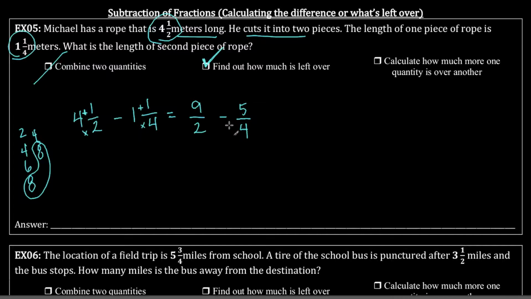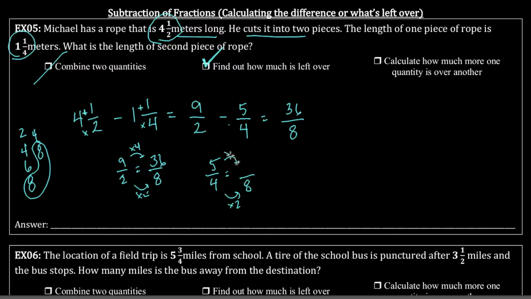Okay, so we have 9 halves is how many eighths? That's times 4. Times 4 is 36 eighths. So 36 eighths. And then we're going to take away 5/4. So 5/4 is how many eighths? Let's see. It's 10 eighths. So minus 10 eighths.